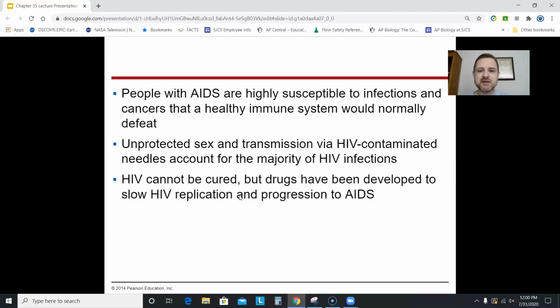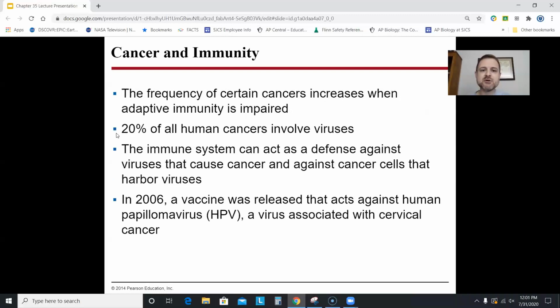If you have HIV, any kind of infection is very serious. There is no cure. There are antiviral drugs that will slow down the HIV virus, such that as long as you take the medications, you're not going to die. But if you stop taking them, the AIDS will flare up again, and you're going to eventually die from it.